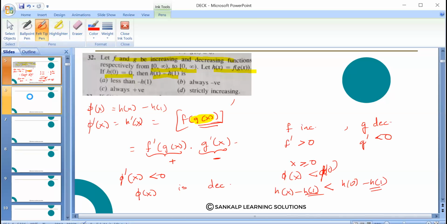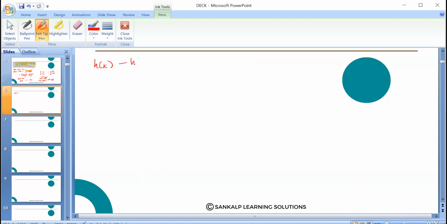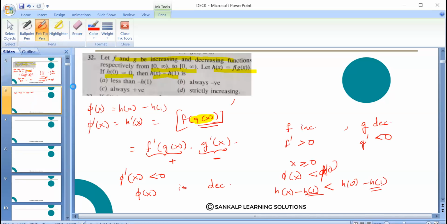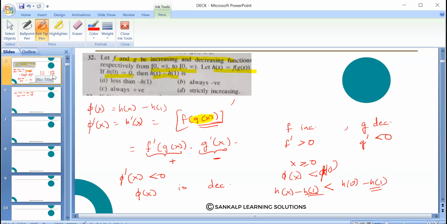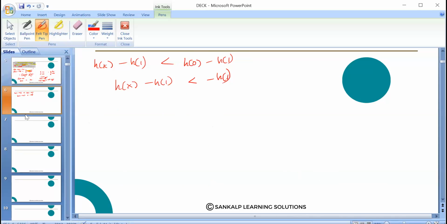H of x minus h of 1 is lesser than h of 0 minus h of 1. But h of 0 is 0. So h of x minus h of 1 is lesser than minus h of 1. Which is present in option A. That is what we got.